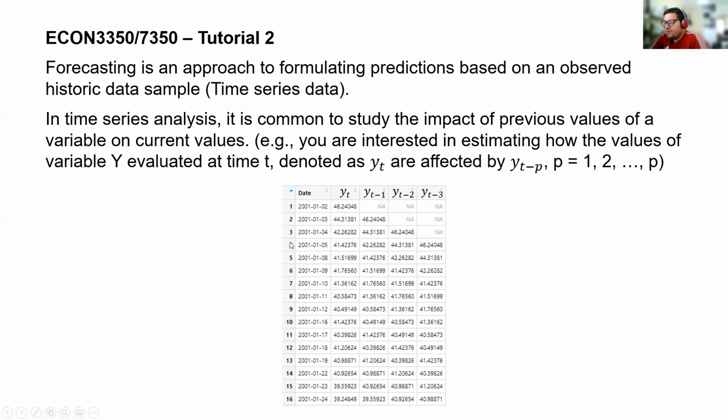For period 4, one observation in the past corresponds to this one, the second lag corresponds to this one, and three periods in the past corresponds to this one. Generating these new columns, these new variables, will allow us to do this analysis without having to go into more complex stuff.